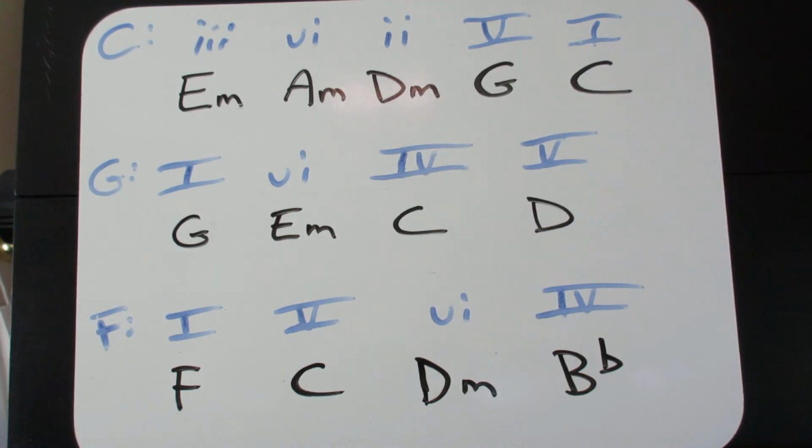And in the next lesson, I will be talking a little bit more about chord functions and how each chord in every key functions and how that works. So we'll get to that.